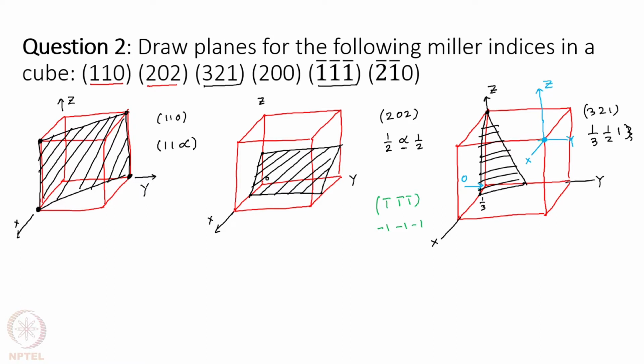So with respect to this new origin, the -1 along x is there, -1 along y is here, and -1 along z is at that point. So we are talking about a plane which is this one.